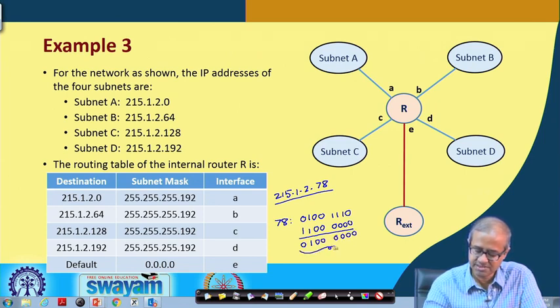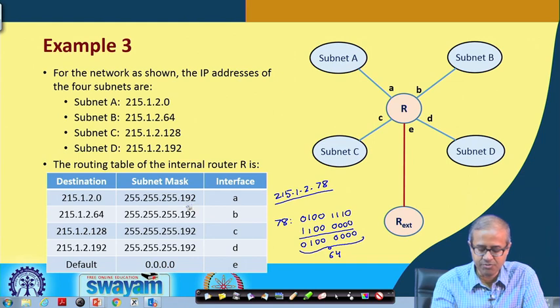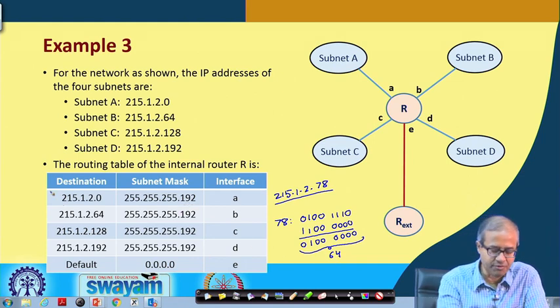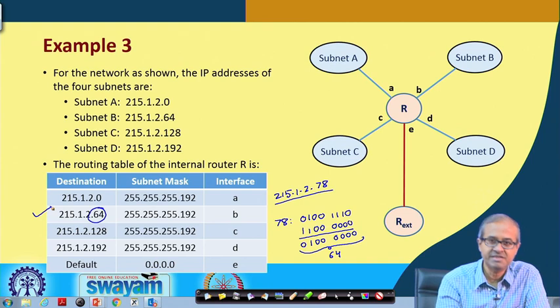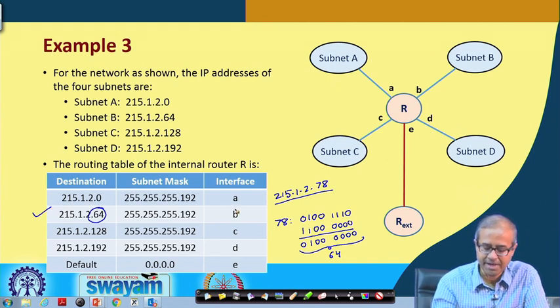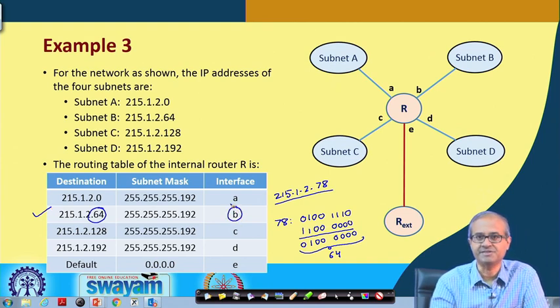In decimal this is 64. So, ANDing with 192 gives 64, and if you look at these rows, there will be a match only with the second one, because 64 is here. So, the packet will be forwarded to interface B. This is for the second packet.